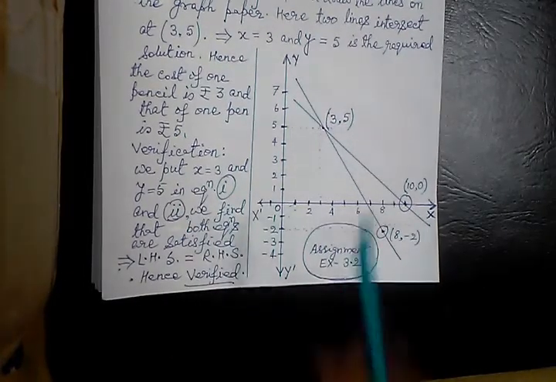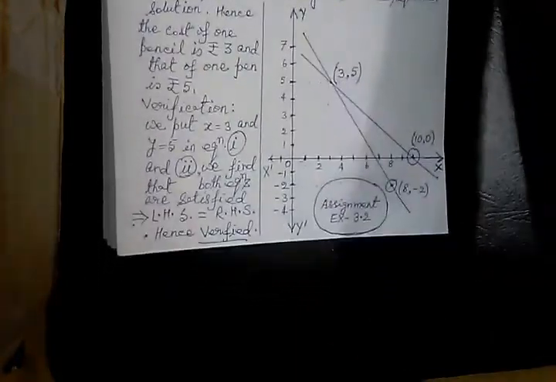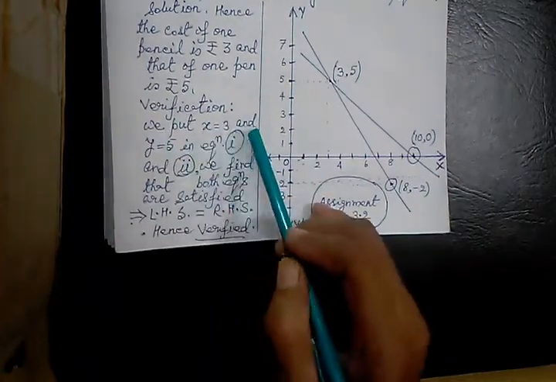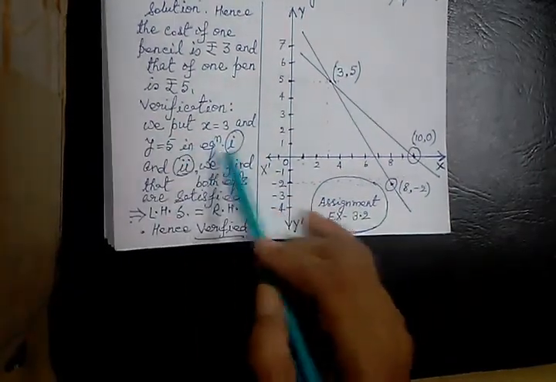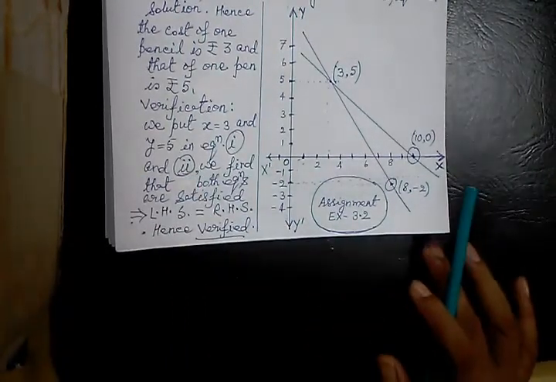For verification you have to just show LHS equal to RHS. How will you verify it? Now see. We put x equal to 3 and y equal to 5 in equation number 1 and equation number 2, one by one.